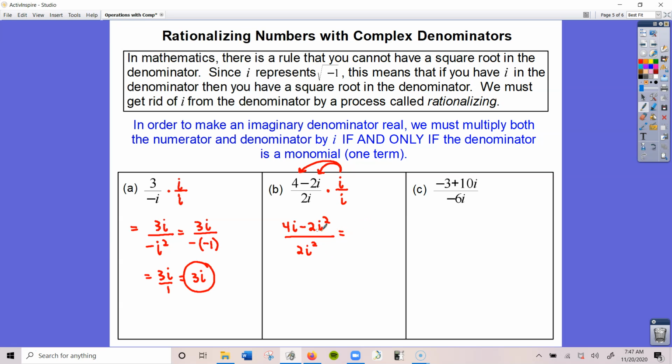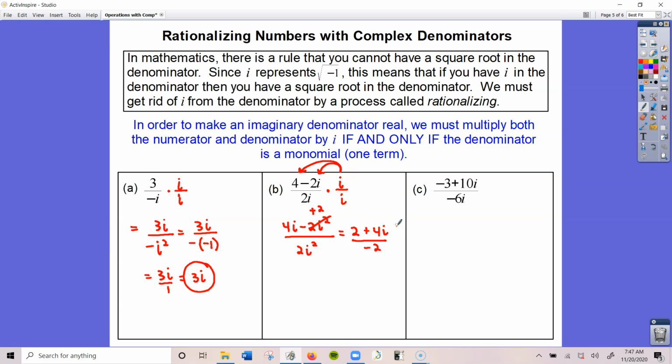Now when we work this out, remember that i squared is negative 1. So what this becomes is negative 2 times negative 1, which is plus 2. Remember, complex numbers, real plus imaginary. And all of this is getting divided by 2i squared, which is 2 times negative 1, so negative 2.